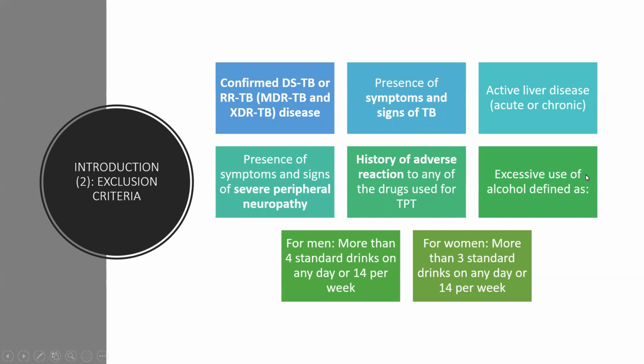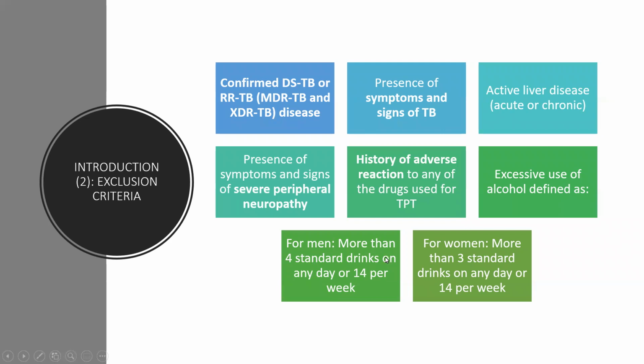The other one is excessive use of alcohol. We are going to take a few minutes to tackle what we mean when we say excessive use of alcohol. It is divided into two groups. For men, we mean if they are taking more than 4 standard drinks on any day or 14 per week.